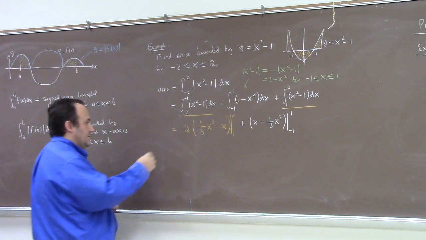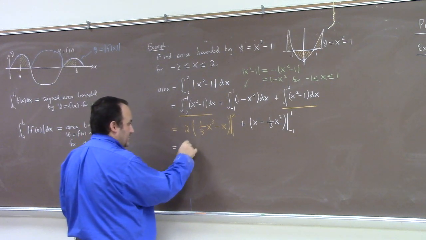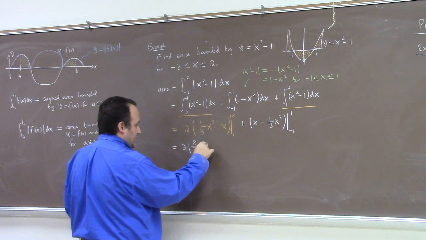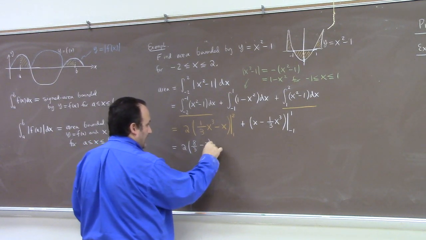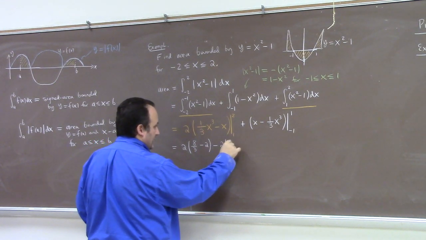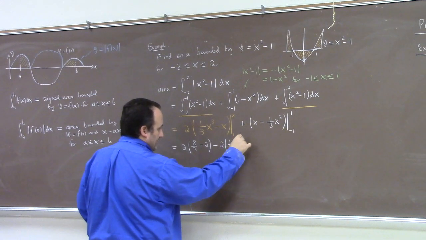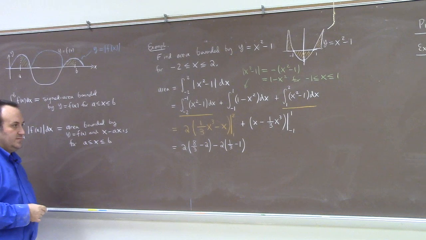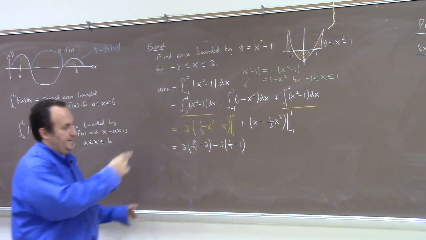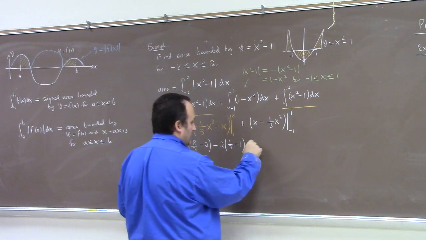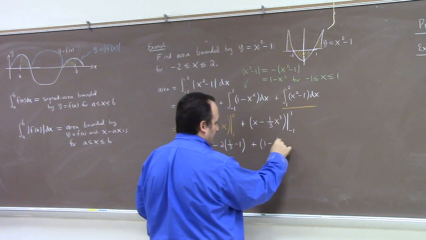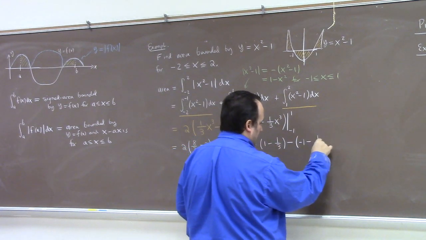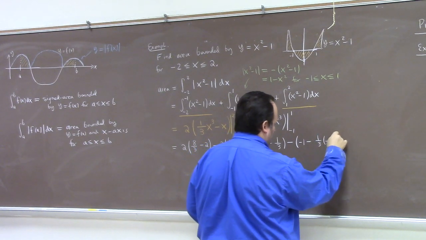So we've got 2 times 8/3 minus 2, minus 2 times 1/3 minus 1. That's just the first, the orange one. And then this one, plus 1 minus 1/3, minus 1 minus 1/3 of minus 1 cubed.